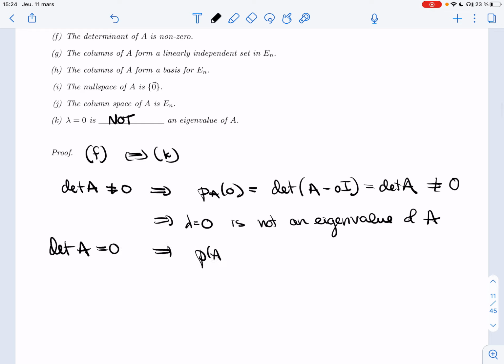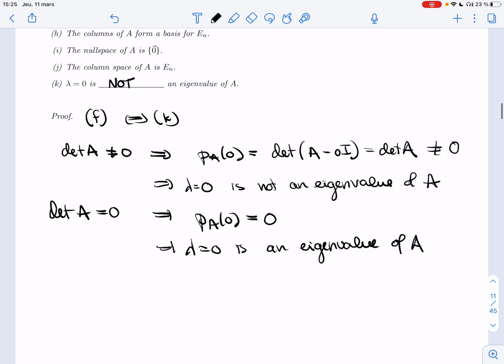Then PA of 0 is 0, and that means lambda equals 0 is an eigenvalue. So if F is false, K is false. If F is true, K is true, and so they're equivalent.